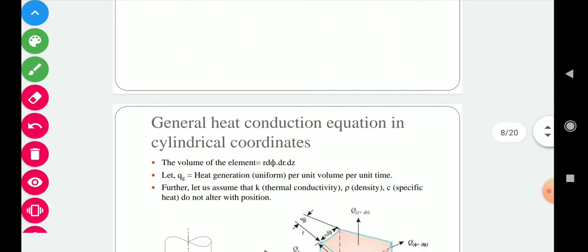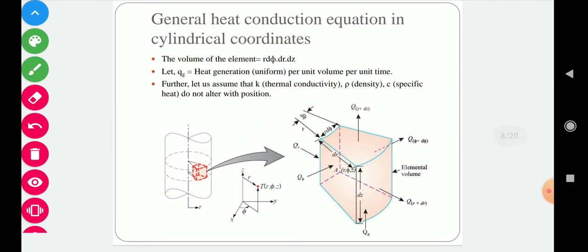Similarly, we can derive the equation for cylindrical and spherical coordinates. So let's start with cylindrical coordinates. Again, we have a cylindrical body in which heat is transferring, so again we have to assume a control volume, and this is a magnified picture of the control volume. Its thickness is dr, the total radius is r, its height is dz.